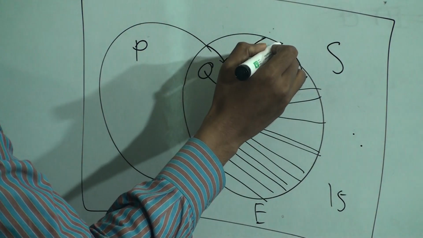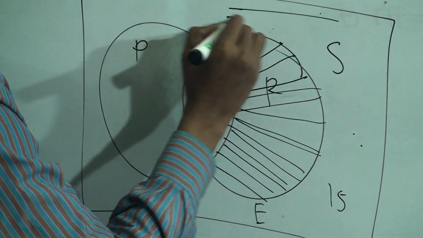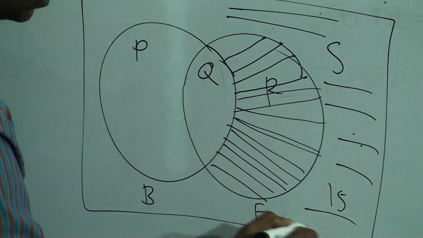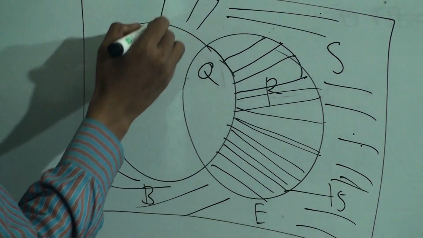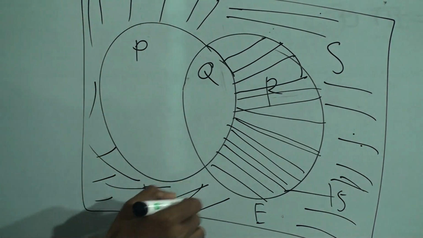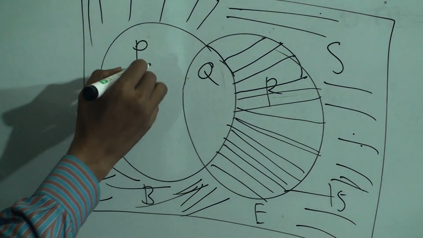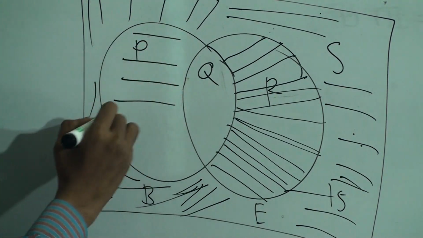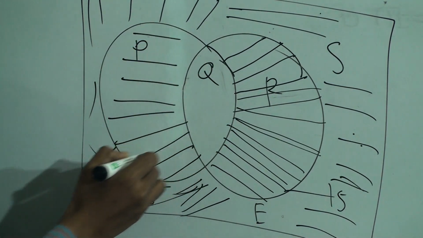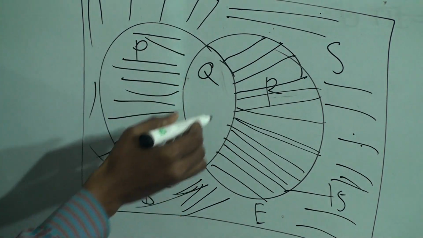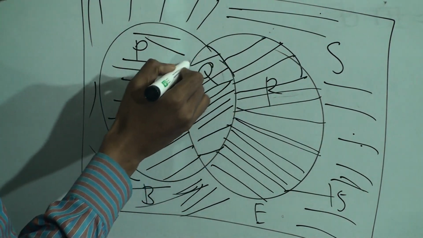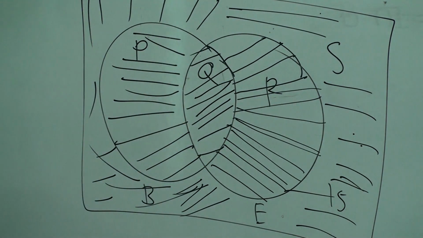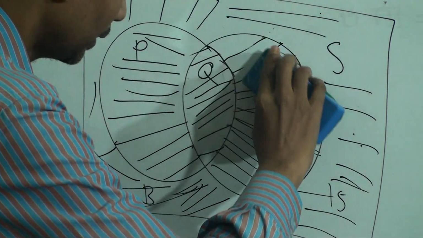And this area also is rejected. All are rejected, and this is also rejected. This is also rejected. That means pass in only English equals what? Only English is this area.